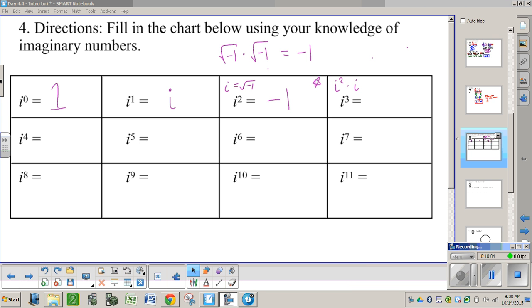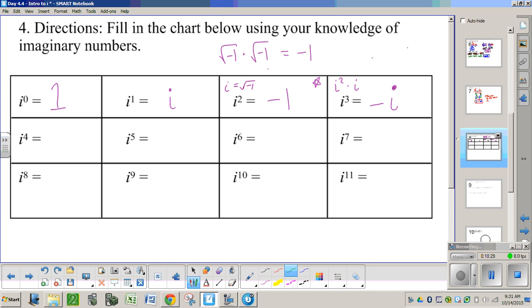Well, I know i squared is negative 1, and I know i is i, so this just ends up being negative i. Now, those are really the only 4 different values of i that you need to know, because there is a pattern that happens when you raise i to any power. It starts repeating.